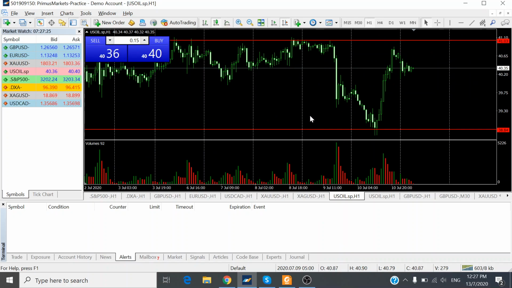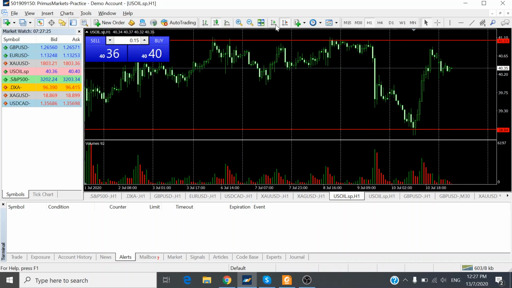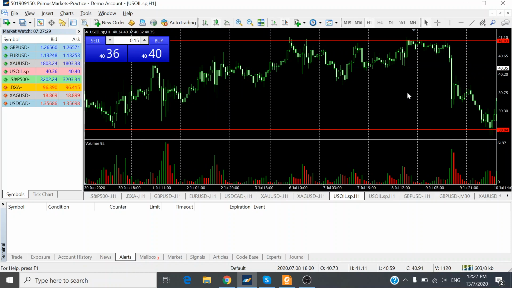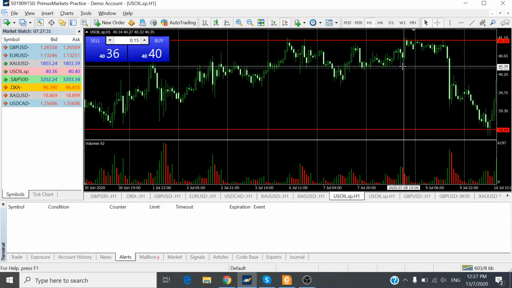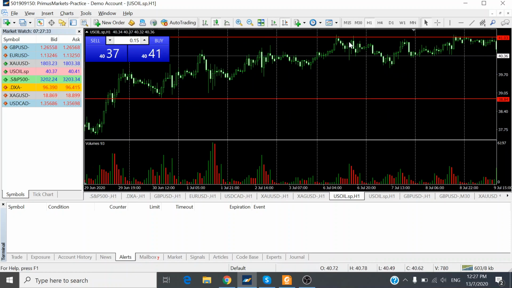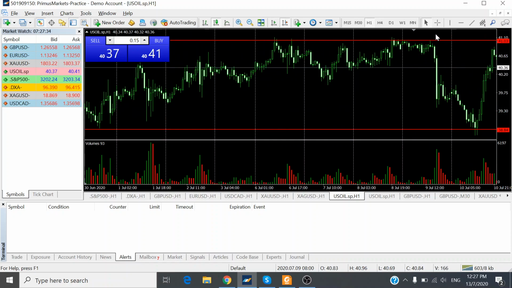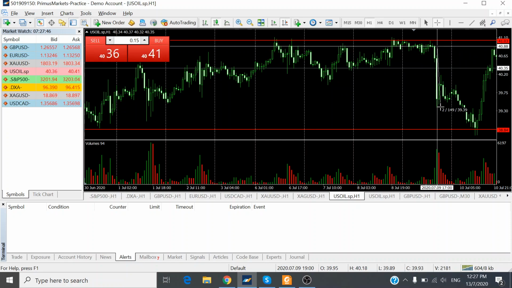The last commodity we will be looking at will be oil prices. Oil prices were pushing back down on last Thursday after finding resistance for 4 days, and finally on last Thursday at about 9 p.m. local Singapore and Malaysia time, oil prices dropped from $40.88 all the way to a low of $39.39.